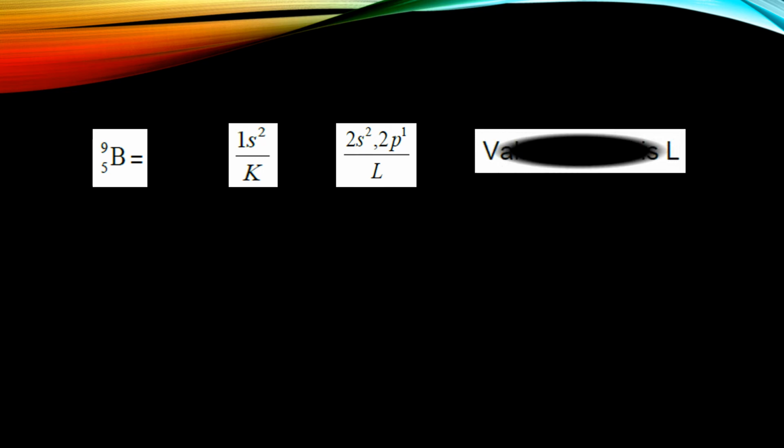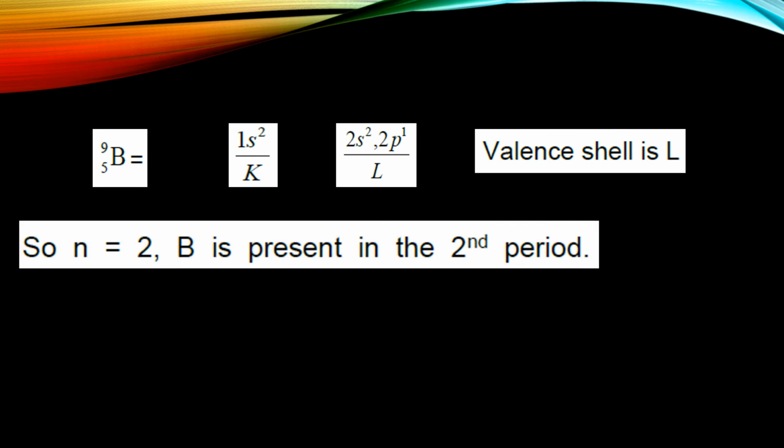Now the valence shell is the L shell, and the n value for the L shell is 2. So boron is present in the second period. This n value indicates the period number. Now we will count the number of valence electrons.